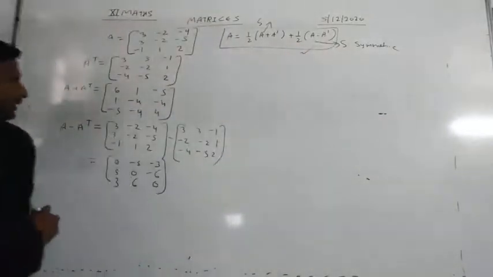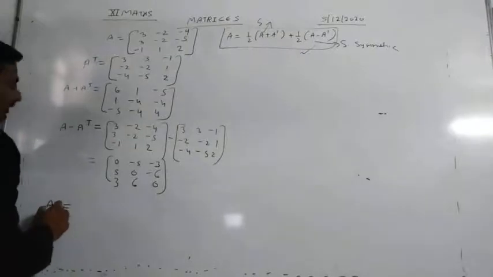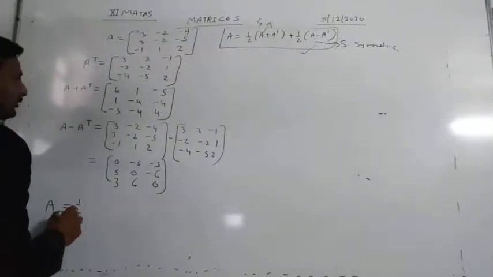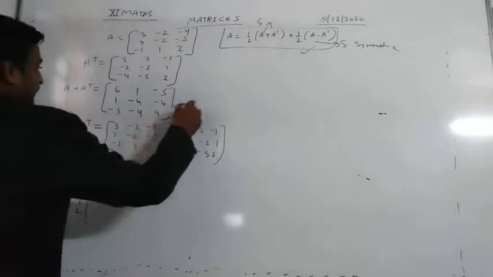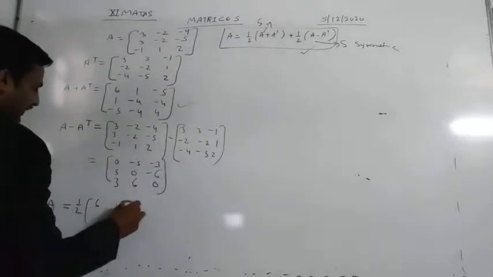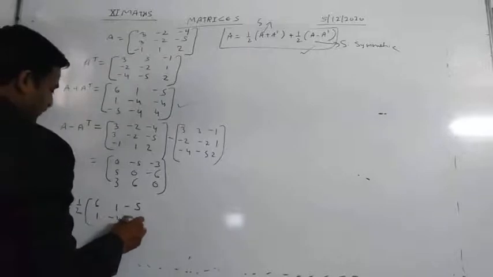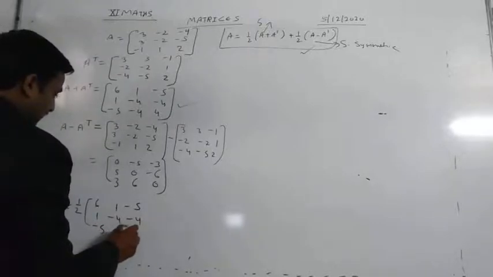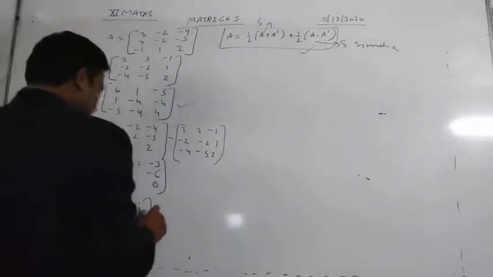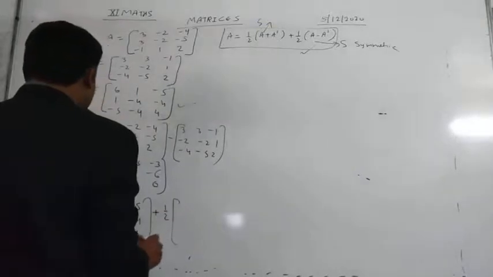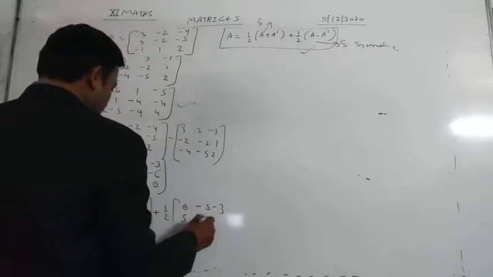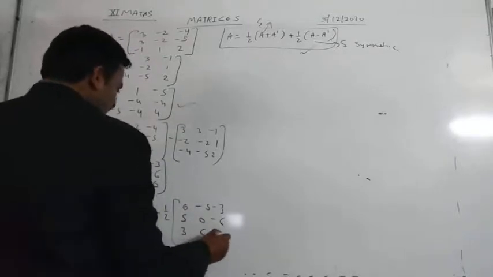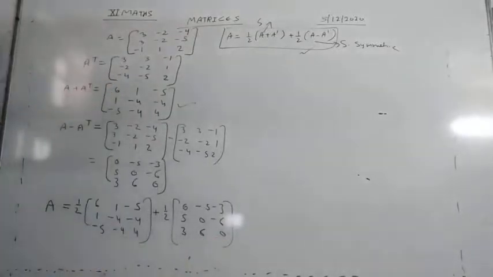A is equal to 1/2 times A plus A dash, which is 6, 1, -5; 1, -4, -4; -5, -4, 4, plus 1/2 again times 0, -5, -3; 5, 0, -6; 6, 0.